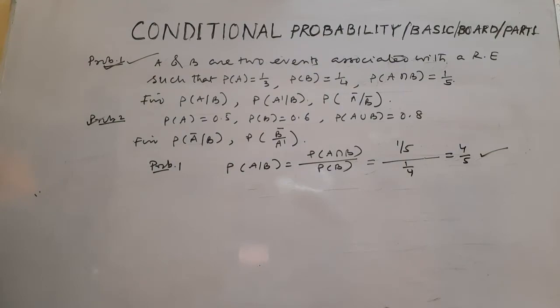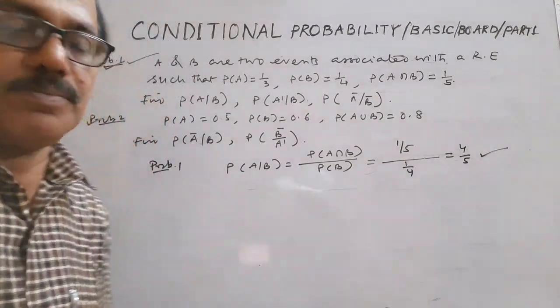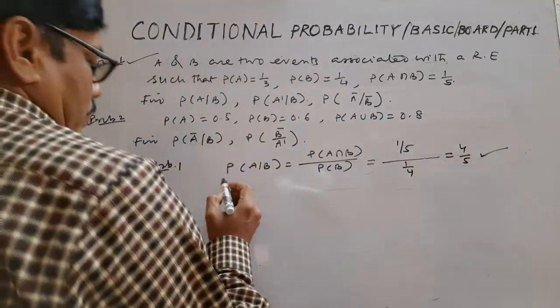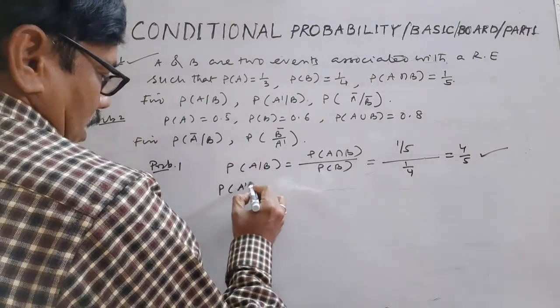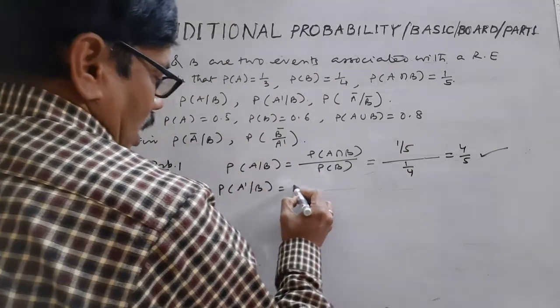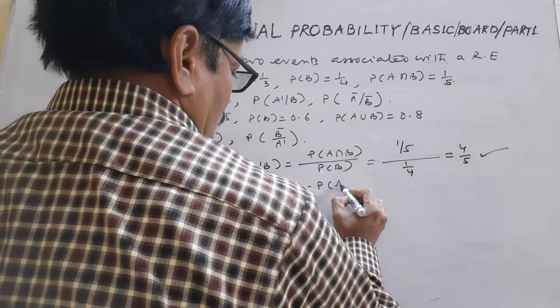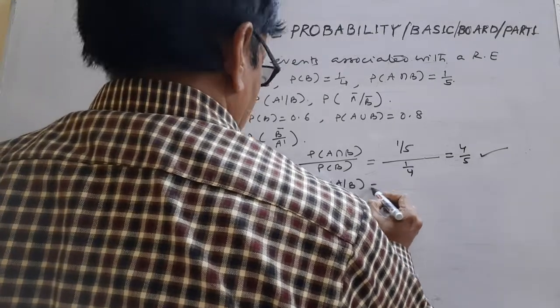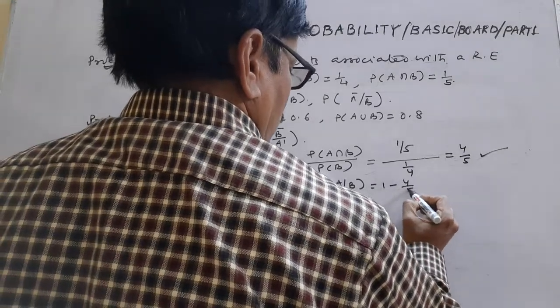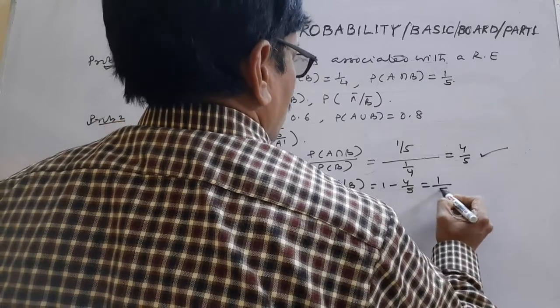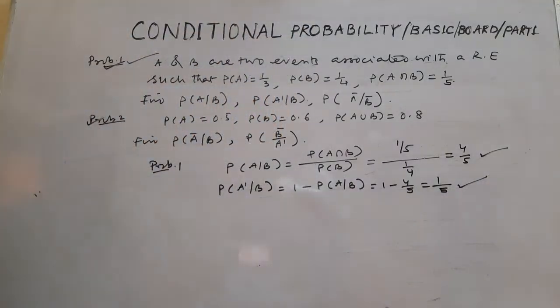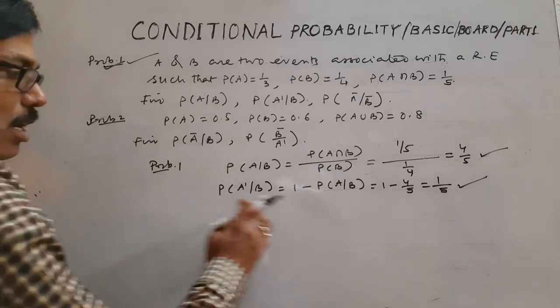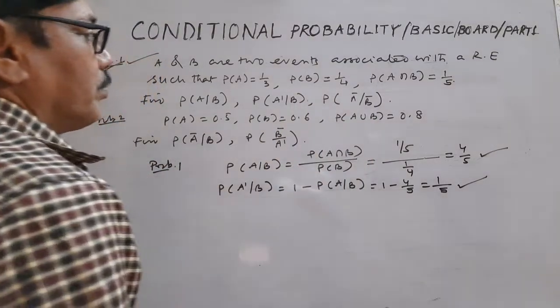So simplest problem, 1 mark problem. Now the second one, P(A'|B). By the earlier definition, this is 1 minus P(A|B). So 1 minus 4 by 5. This is 1 by 5, 1 minus P(A|B) by the above theory.